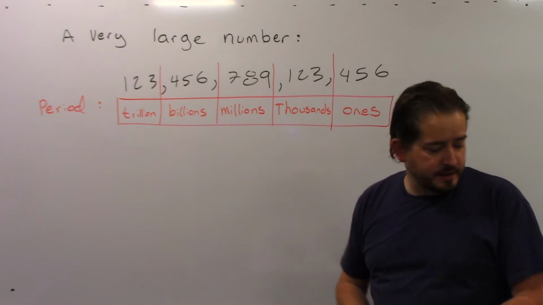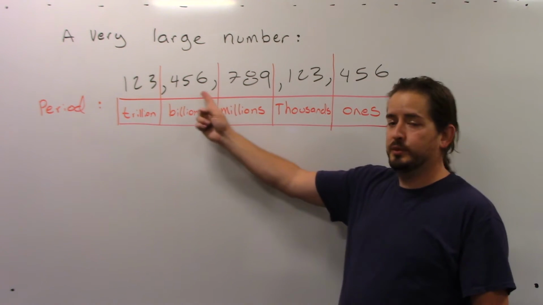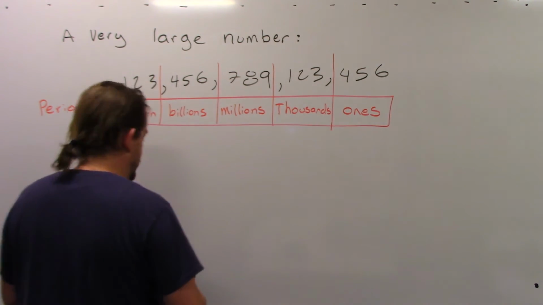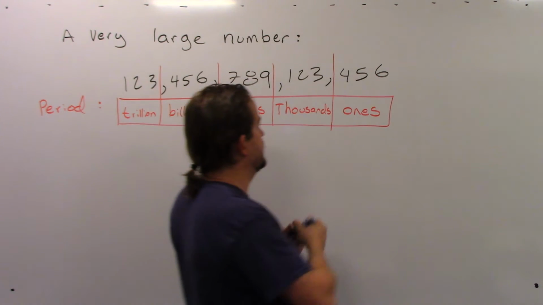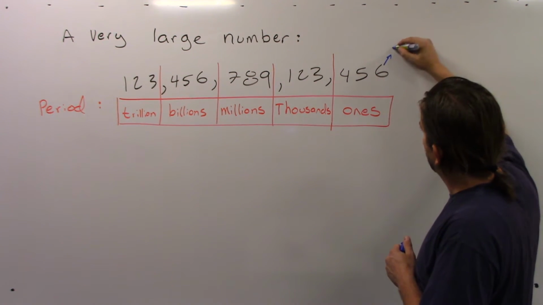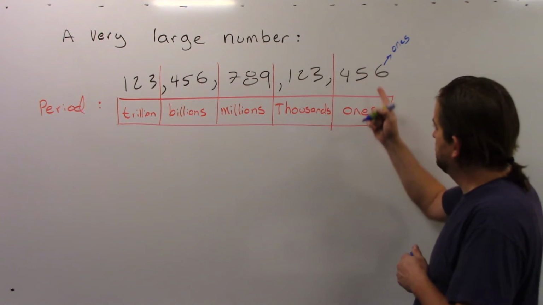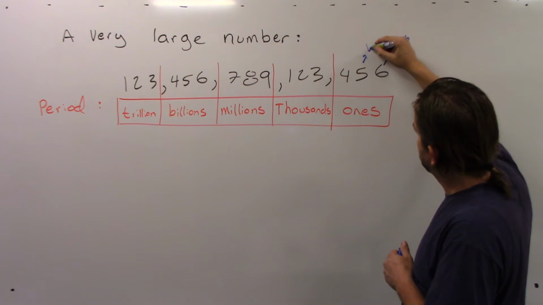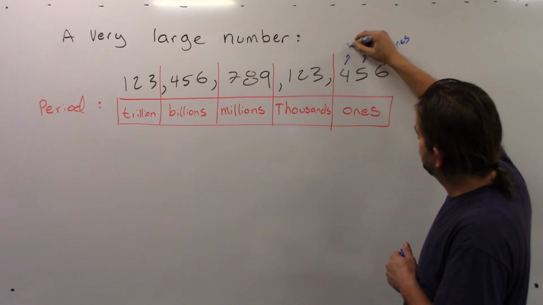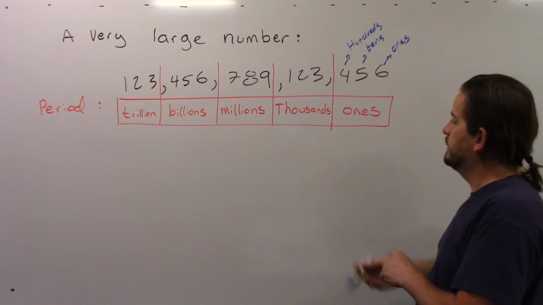And what makes it periodic is that each of the 3 digits in each period has a place value in that period. So, for example, this 6 is in the ones place in the ones period. This 5 is in the tens place in the ones period, and then the 4 is in the hundreds place in the ones period.